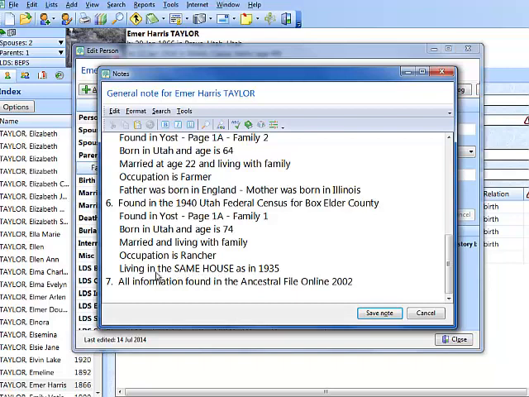Okay. If it's somewhere else, I would say lived in, and then I put the city, state, or city, county, state in 1935. Okay, so that would be the difference between the 3 of them.